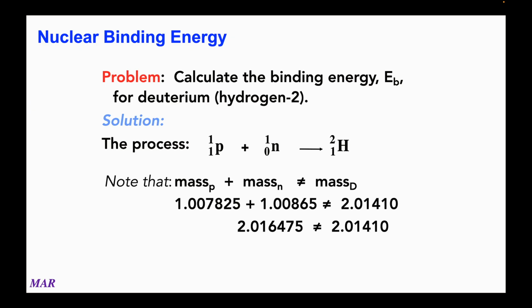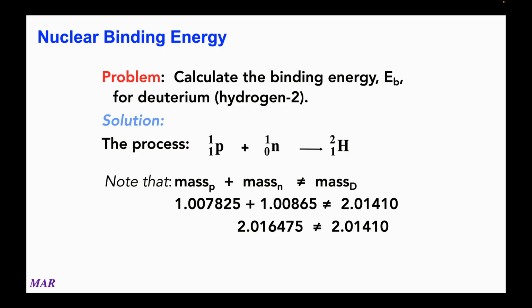If you look carefully at the mass of a proton, which is that 1.0078 number, and the mass of the neutron, 1.00865, you'll find that those numbers added together are actually greater than the mass of, in this case, deuterium. And this works for all atoms, by the way.